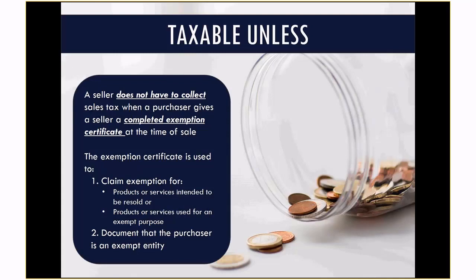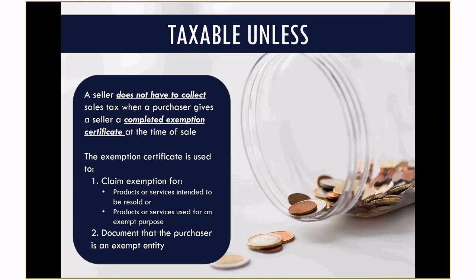So most things are taxable in South Dakota unless the purchaser gives the seller a completed exemption certificate. This exemption certificate is used to claim an exemption for items that are intended to be resold, such as when, in the earlier example, our grocery store bought the pens, put them on the shelf.